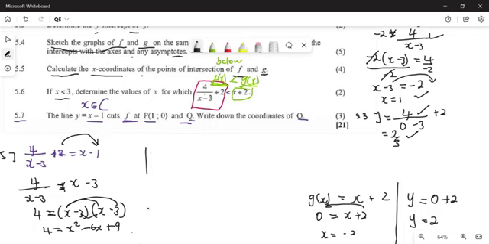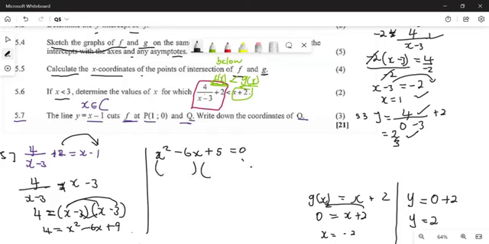Transpose 4. Then we're going to have x squared minus 6x. 4 is positive, so when it gets to this side, it's going to become negative, and we're going to have plus 5 equal to 0.